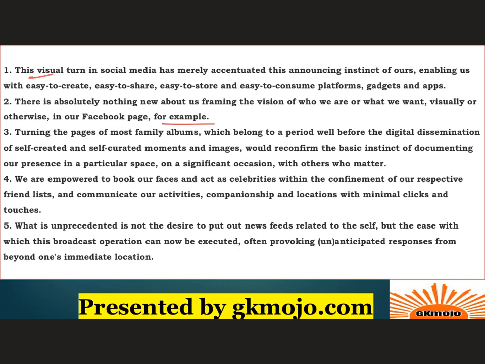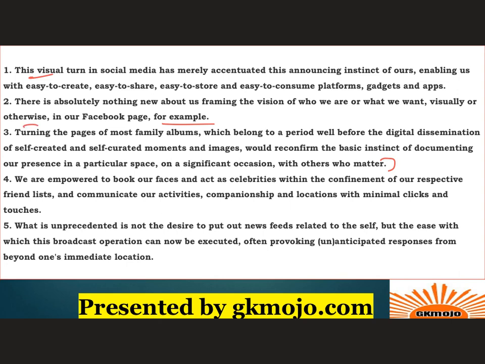Alright. Turning on to the third sentence. Turning the pages of most family albums, which belong to a period well before the digital dissemination of self created and self curated moments and images, would reconfirm the basic instincts of documenting our presence in a particular space on a significant occasion with others who matter. Alright, so this might sound to be a very long and complicated sentence, but read it with a calm mind. You will understand that this is a very good candidate for your introduction because this is just introducing you to a topic.